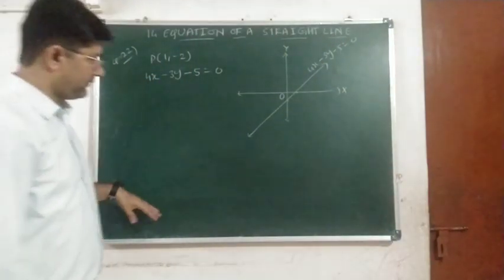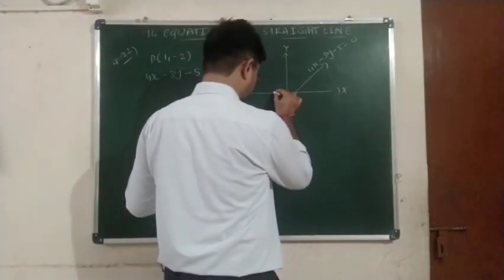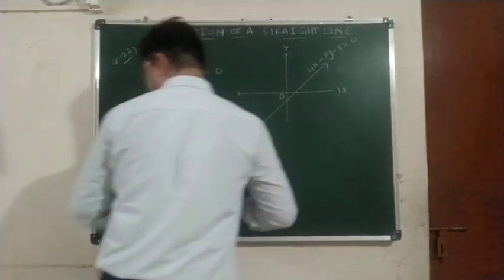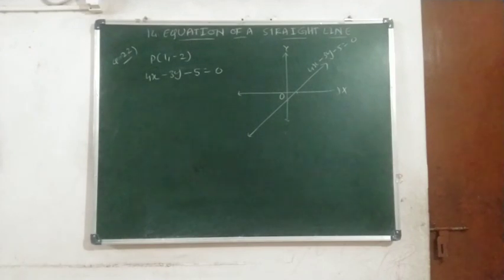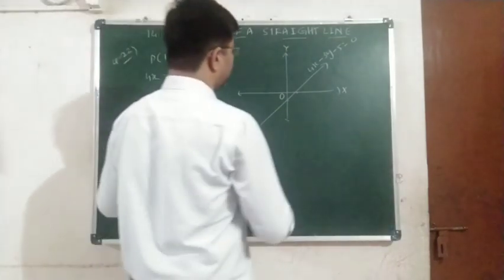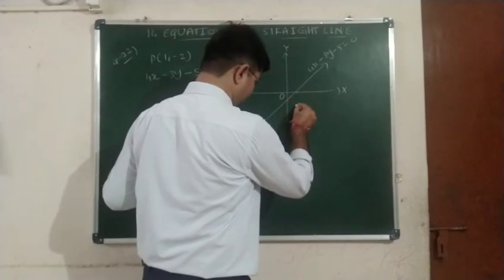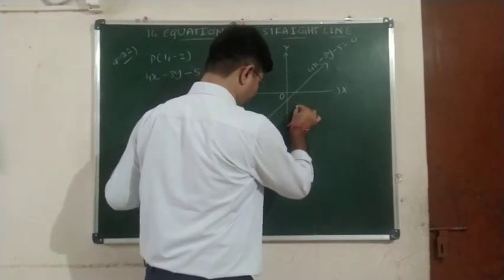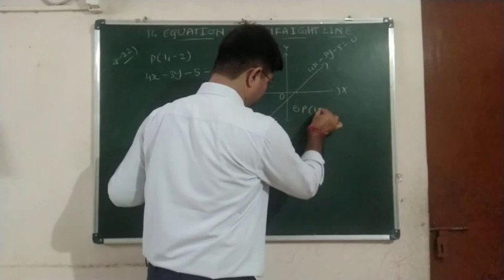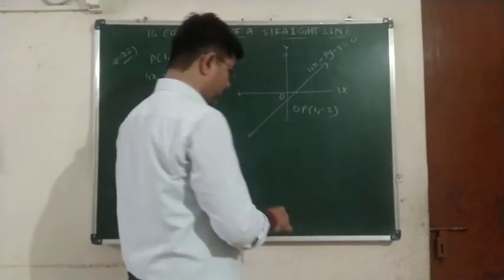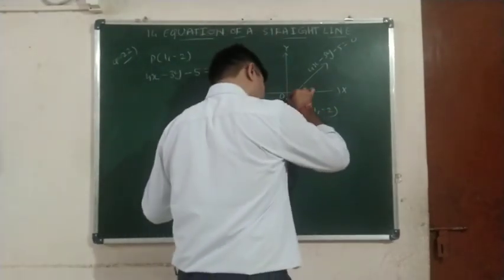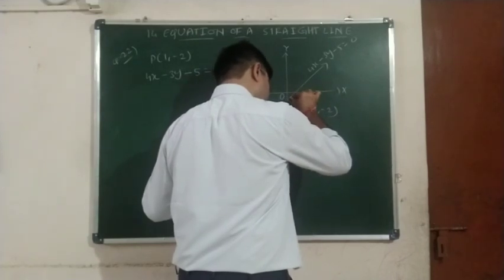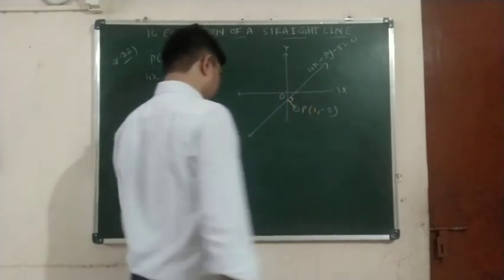Now point P(1, -2): the x coordinate is 1 and the y coordinate is -2. So somewhere here we will have the point (1, -2). If you draw a perpendicular from this point, you get a point like this.